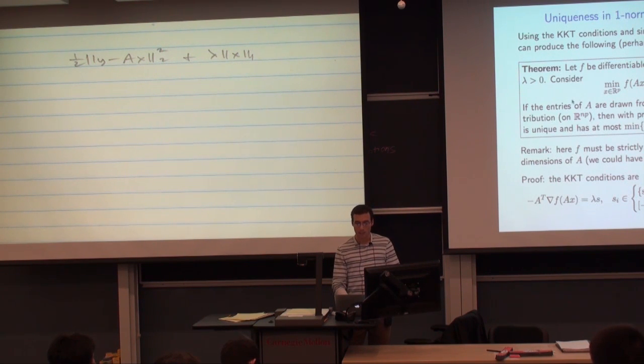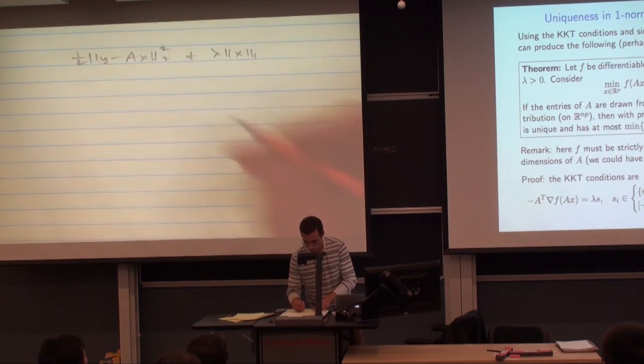But if the entries of my design matrix A are drawn from a continuous probability distribution on the set of all matrices in R^(n by p), then with probability 1, the solution is unique and has at most the minimum of n and p components.